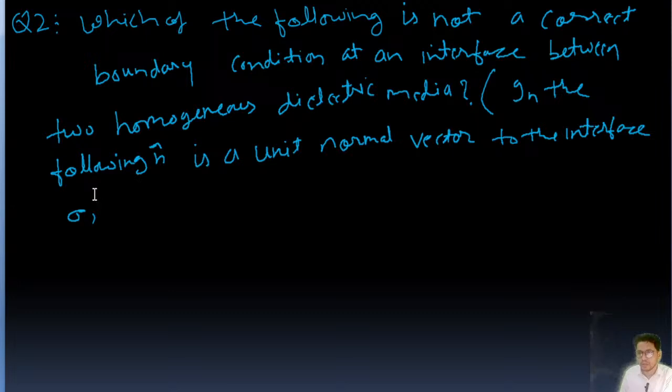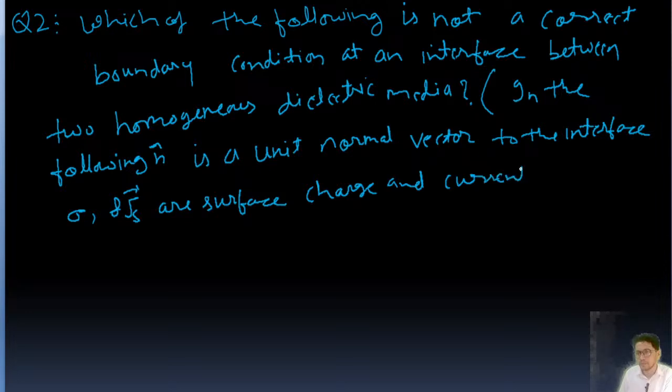Sigma and Js vector are surface charge and current densities, respectively.